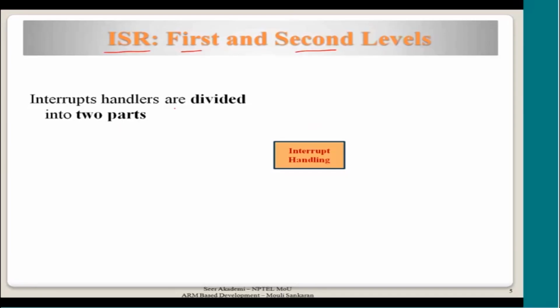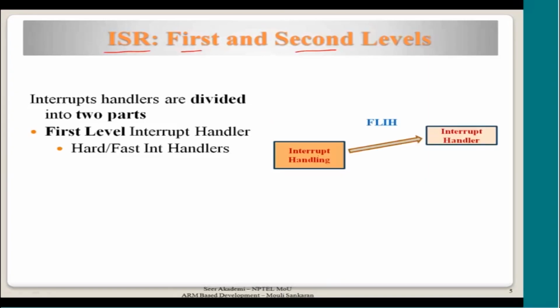So the interrupt handlers are divided into two parts. One is the first level. After the interrupt has been recognized and after it has been found which device is interrupting, there are two levels of handling, based on the device and based on the data that comes into the processor. The first handler is called the hard or fast interrupt handler. In typical real time scenarios we say hard real time and soft real time.